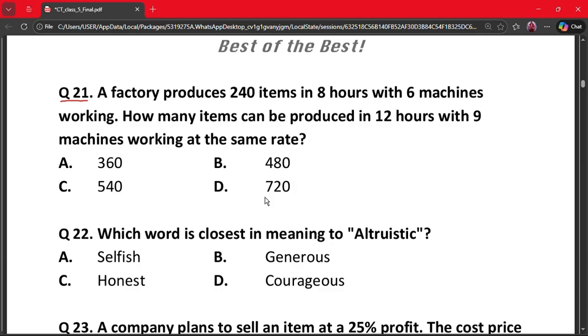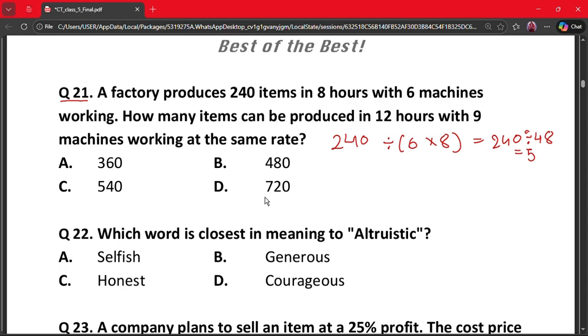So first find production per machine per hour, that is 240 divided by 6 machines into 8 hours, which gives us 240 divided by 48, which is equal to 5 items per machine per hour.